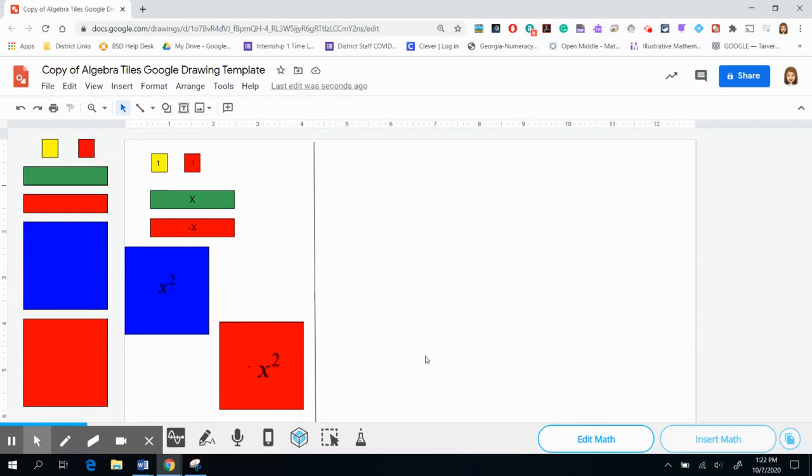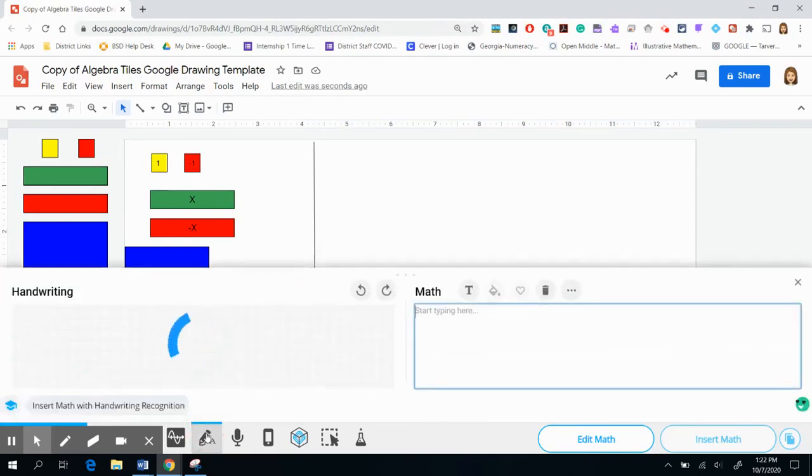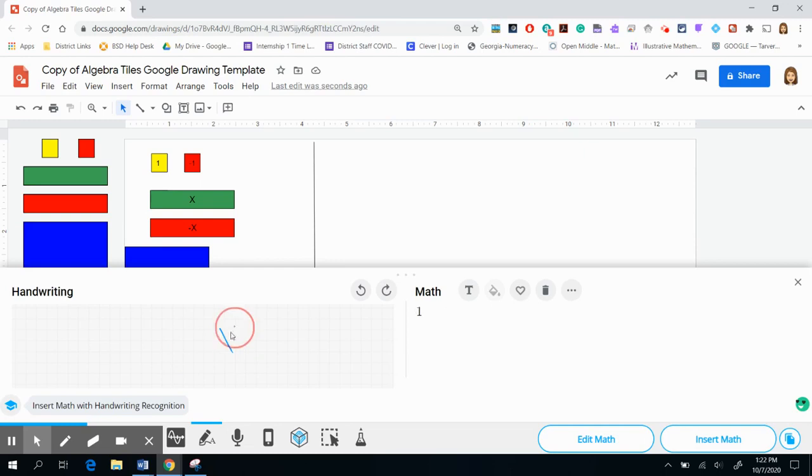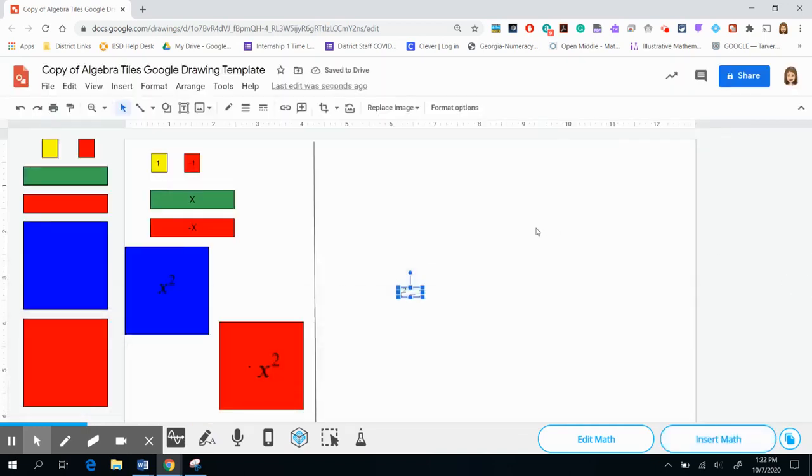We're going to take a look at another series of algebraic expressions. So we're going to start with x squared minus 3. There we go. Put this up here at the top of my Google Drawing.